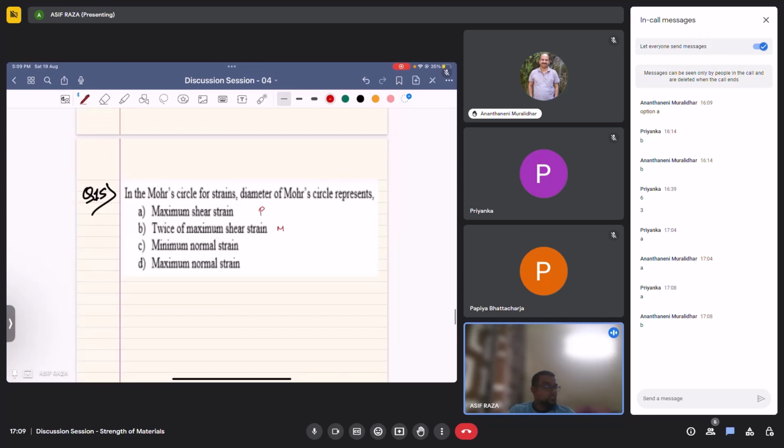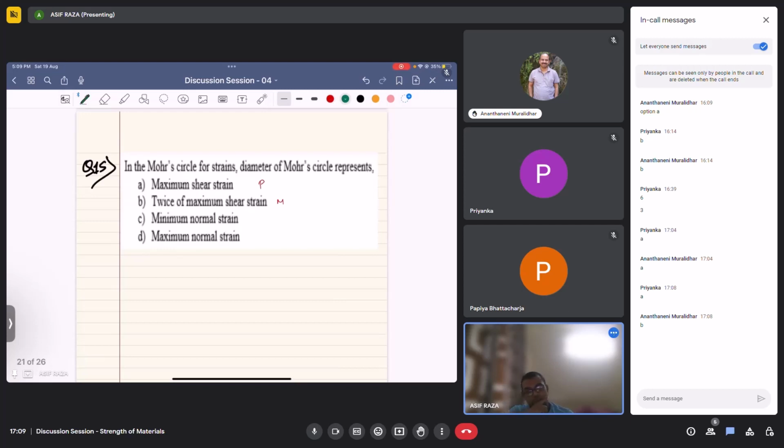Okay, so this is a tricky question. If you remember, the Mohr circle for stress was normally on the sigma and tau axes, right? And in that, the radius of the Mohr circle would represent the maximum shear stress. But in this case, it's for gamma xy by 2, right?